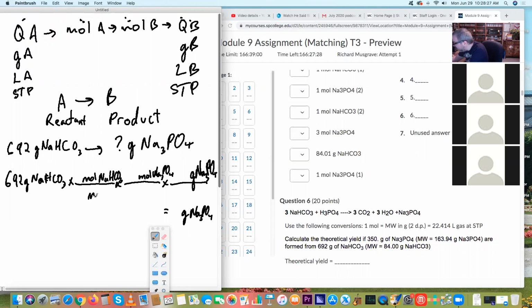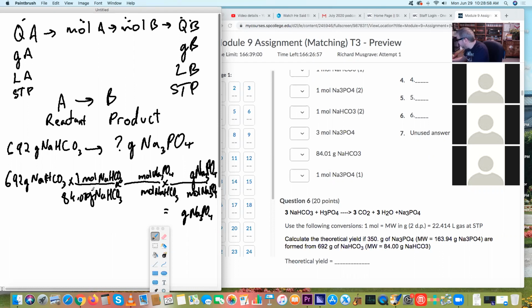And down here, it's going to be grams of NaHCO3 on the bottom to match. This will be moles of NaHCO3, and this will be moles of Na3PO4. It really should be that easy every time. So 1 mole, and the molecular weight of NaHCO3 is 84.00.